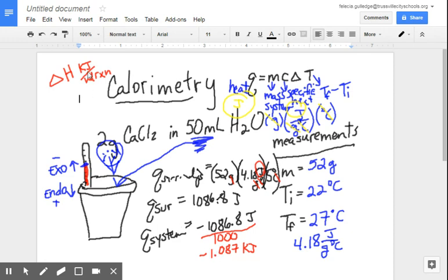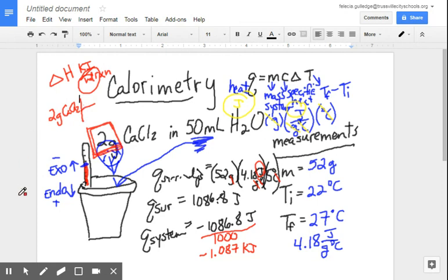Now, the other thing that's missing to transfer it to delta H is moles of my reaction. So I have to figure out how many moles of that reaction I used. Now, the substance that I'm going to use is whatever is limiting, whatever is hindering the energy that's being provided there. So I'm going to take these 2 grams of calcium chloride, and I'm going to convert that to moles. So 2 grams of CaCl2 divided by its molar mass.